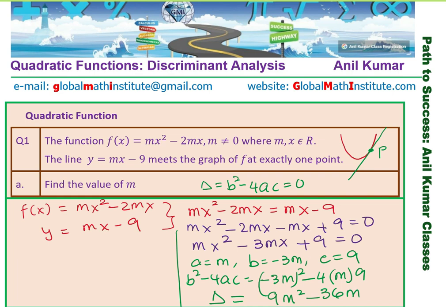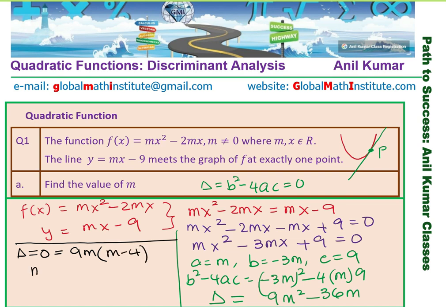Since we have less space here, let me just do this on the left hand side. So the discriminant, which we want to make 0, we can factor out 9m, and so we get m minus 4.